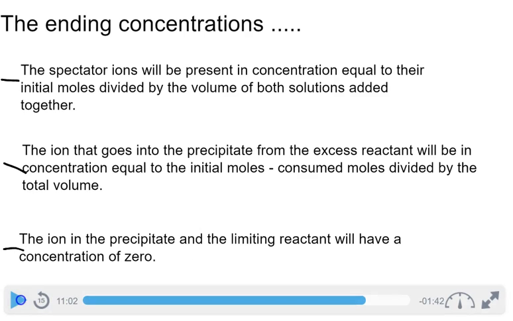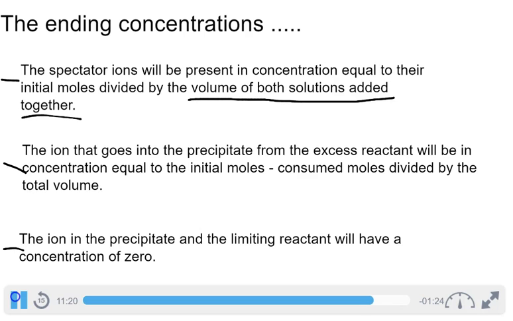So it says the ending concentrations, the spectator ions will be present in concentration equal to their initial moles divided by the volume of both solutions added together. A lot of kids will do these problems and they forget to add the solutions to find the total volume.